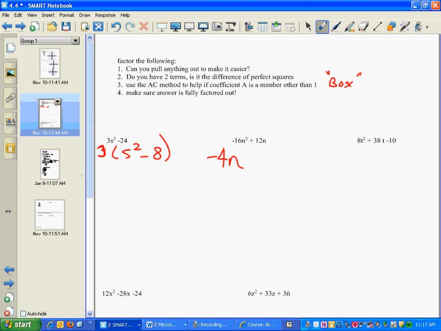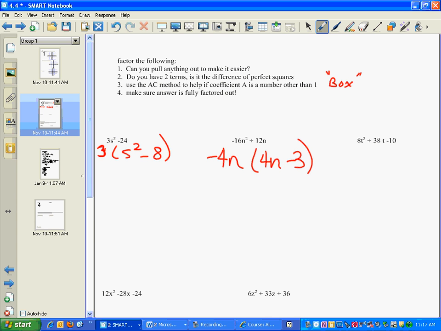Right, 2 terms. Not the difference of perfect squares. Pulling out both a negative and a variable, because they're in both of those terms, makes it easier. That now changes this to 4n and a minus 3. So careful about it. If you're pulling out that negative, you've got to do a sign change inside your parentheses.